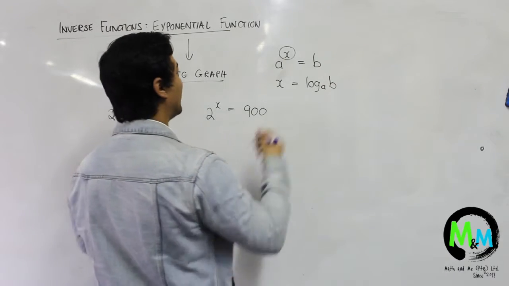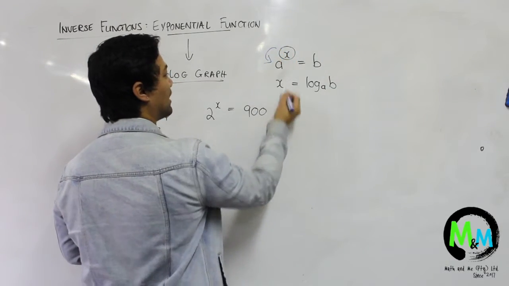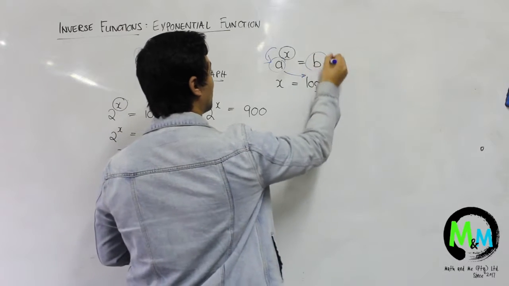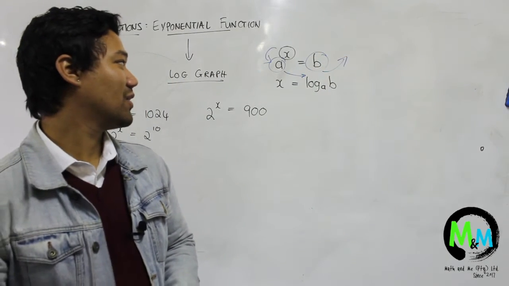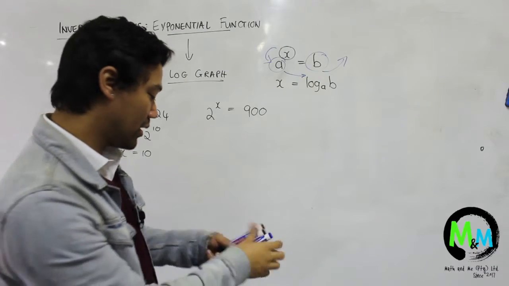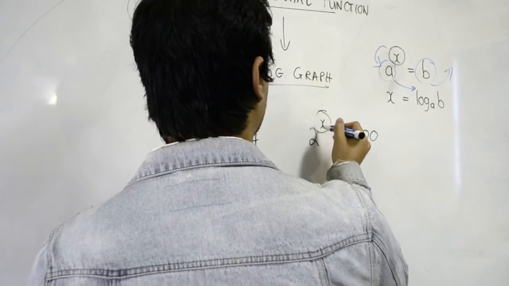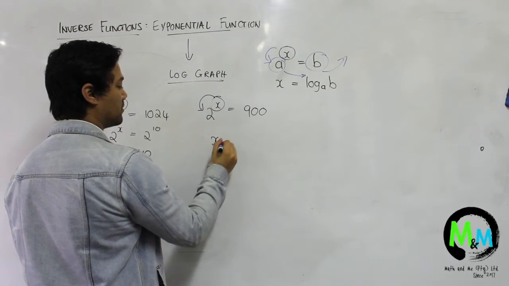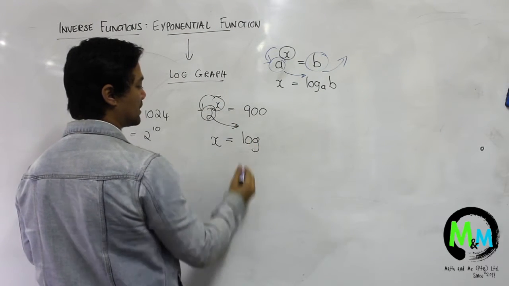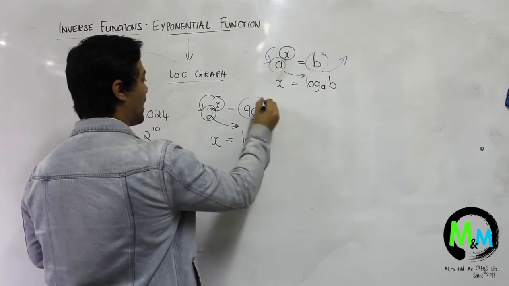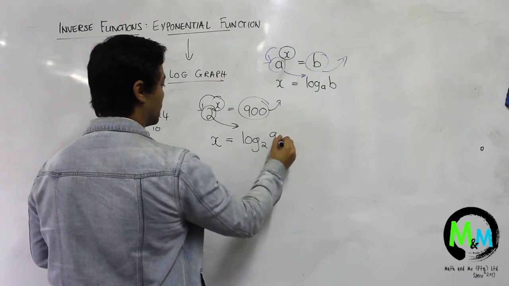The x comes down, the a goes to the bottom, and the b goes to the top. It's a flow. So let's do that for this. This x is what we're solving for, it comes down, so x equals log, the base 2 goes to the bottom, and then that 900 goes up over there.